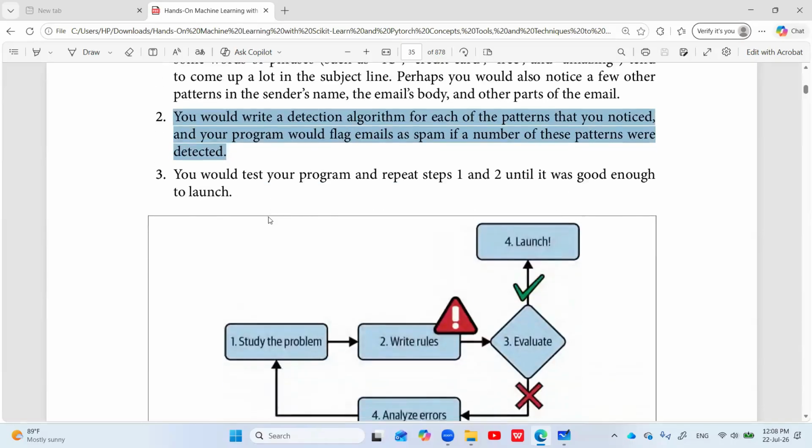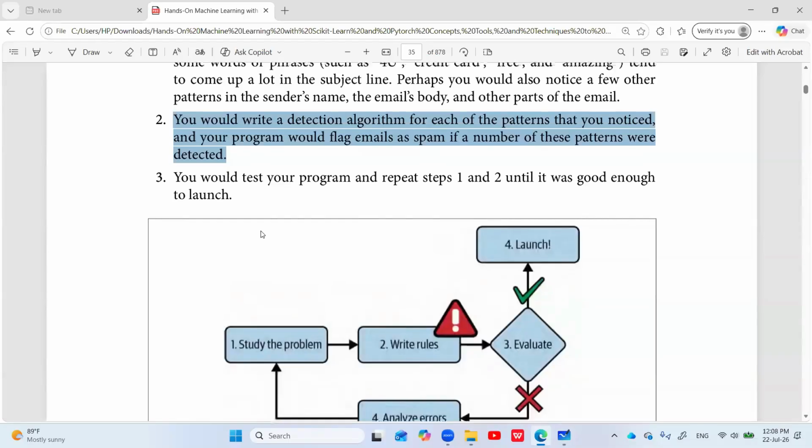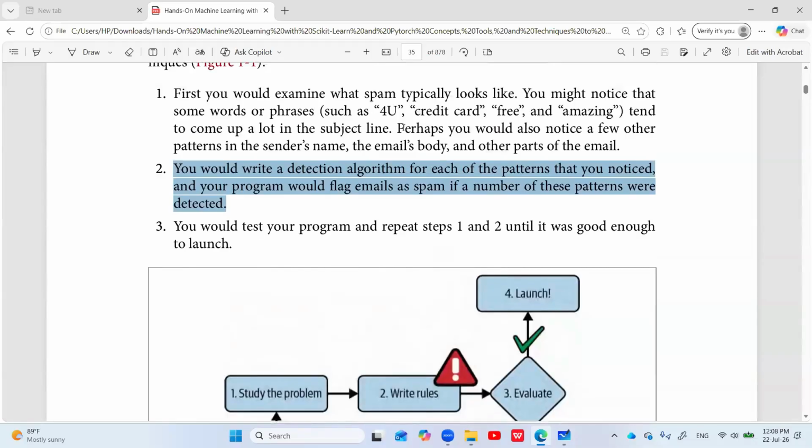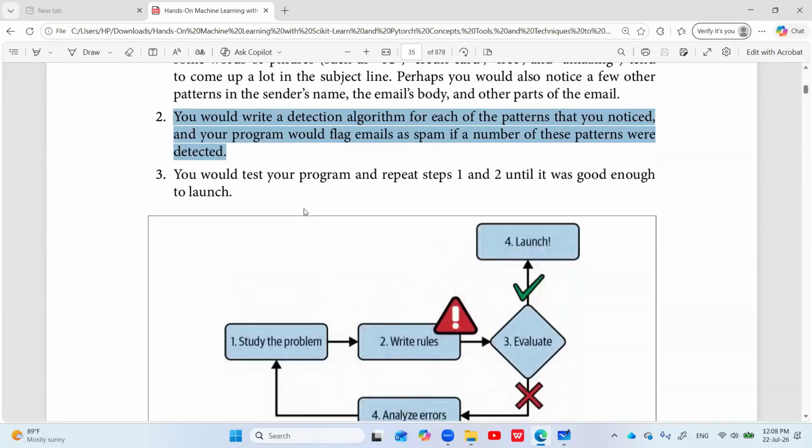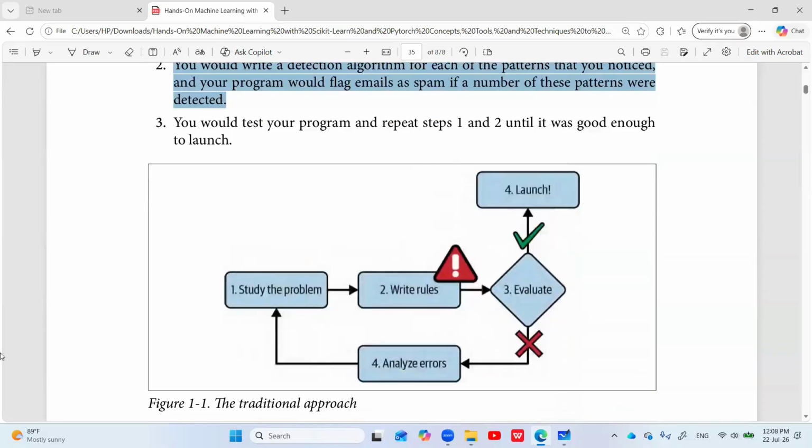Those are the patterns I have mentioned here in the subject line. You would test your program and repeat steps 1 and 2 until it was good enough to launch.